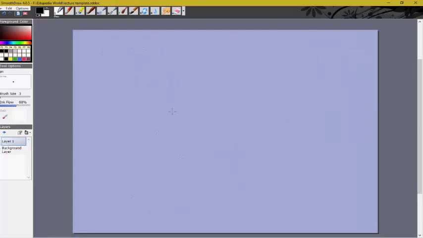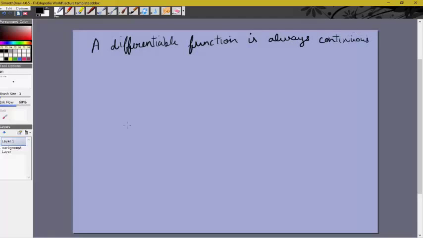Now, differentiability is a stronger condition than continuity. And the reason for that is that a differentiable function is always continuous. So I'll just draw a couple of figures first, and then I'll try to prove this mathematically.